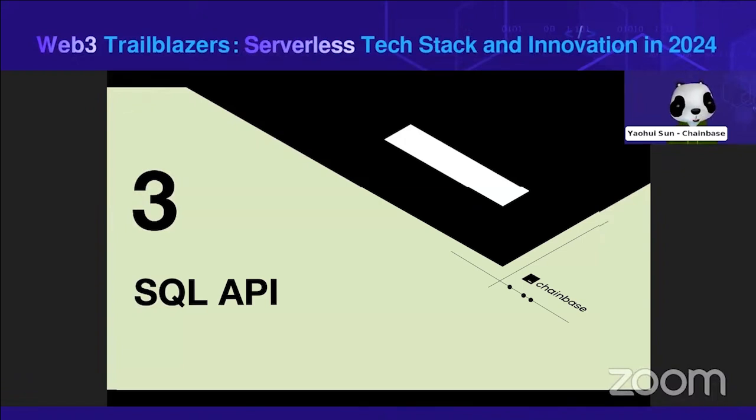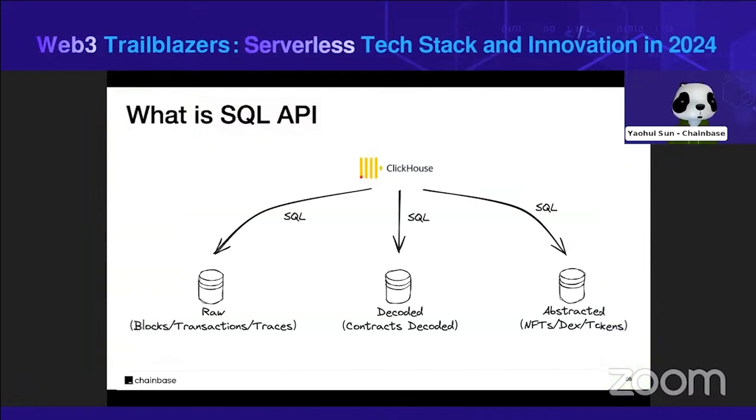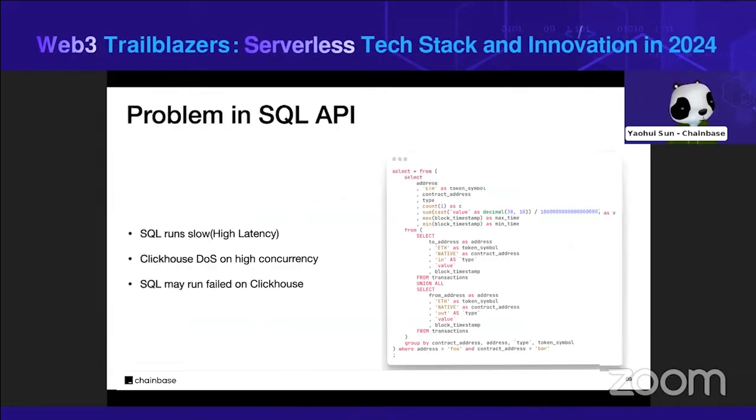The SQL API is our answer to those unique tailored needs that fall outside the scope of the standard Web3 API.